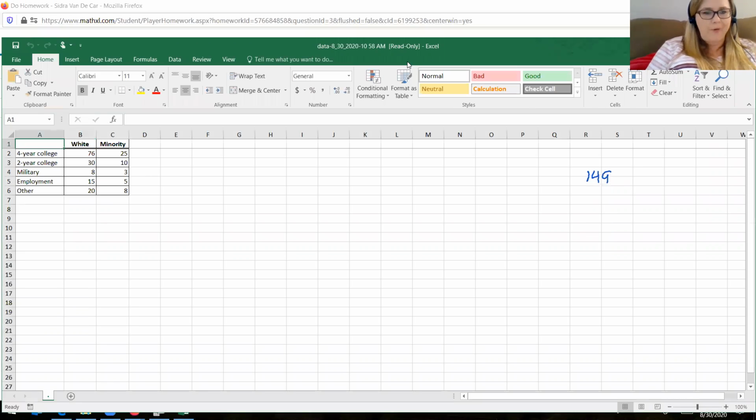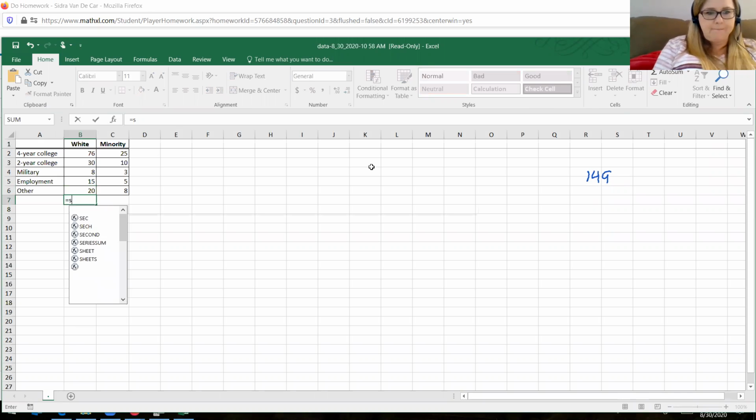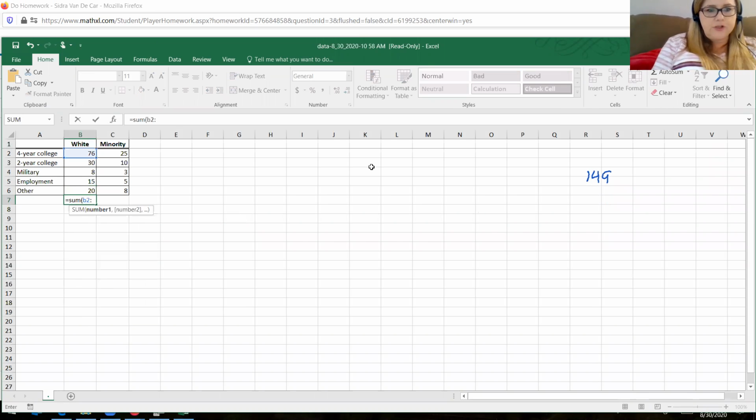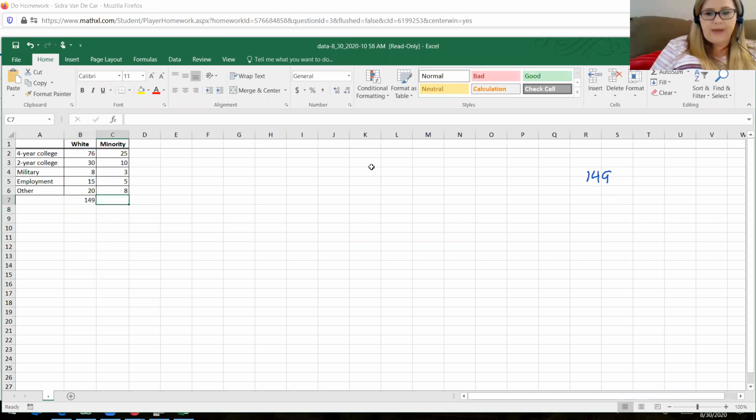Okay. Equals sum. So I want to sum the column above it. So I'm going to go from B2 as the first number, and then a colon to the end of the numbers. So B6 gives, and see how it highlights the numbers I'm adding up. And there's the 149 we added up in our head.